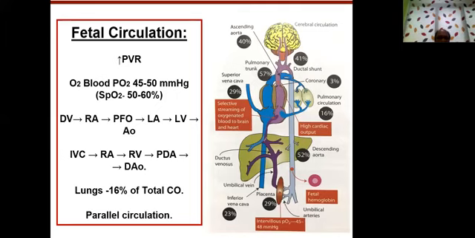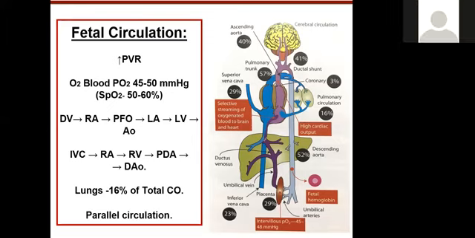The oxygen tension is around 45 to 50 mmHg, and the SpO2 is around 50 to 60%. The blood travels through the ductus venosus to the right atrium, through the foramen ovale to the left atrium and left ventricle, and then to the ascending aorta. So mainly a concentrated part of the oxygen is delivered to the brain and to the myocardium.